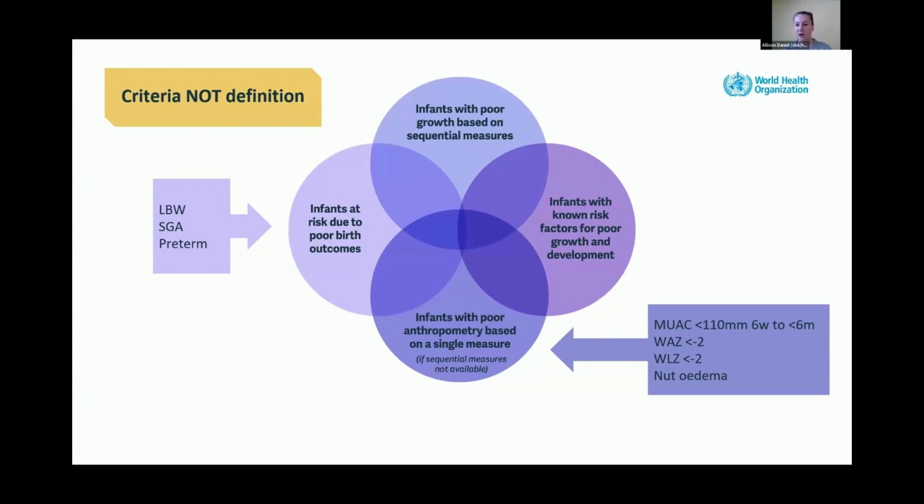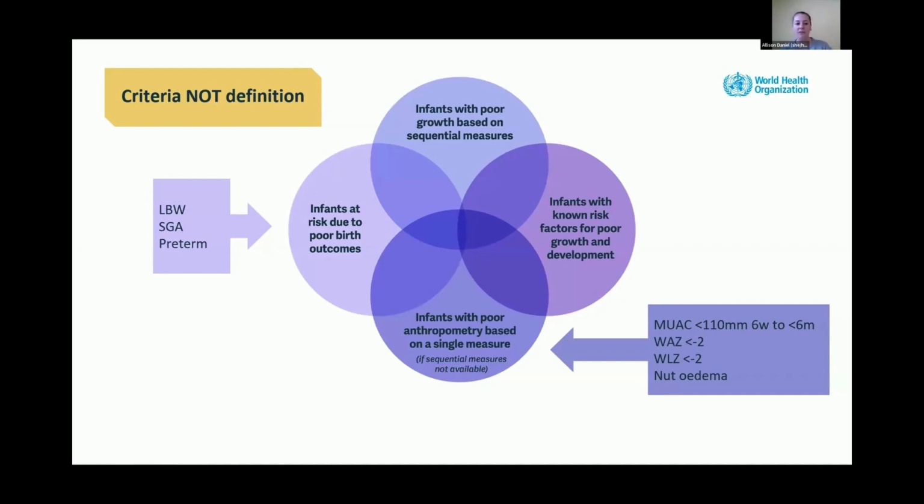I will note that this is not a definition by any means. These criteria were informed by prognostic evidence, which was actually quite limited in infants less than 6 months of age, and expert experience from the guideline development group, and really aim to fill a gap beyond the neonatal period. On the top there, this includes infants with poor growth based on sequential measures.